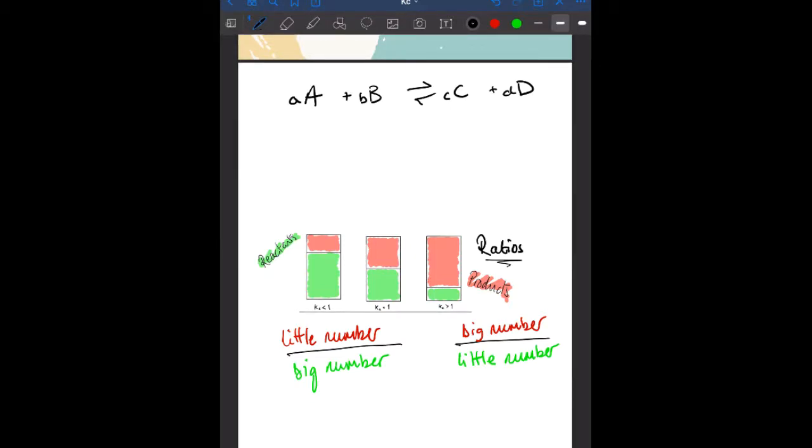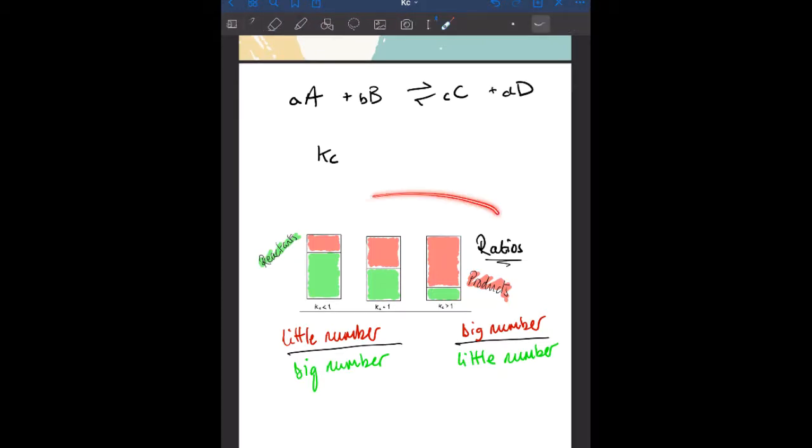And yes, I know those of you that have read the textbook, well, that looks awfully familiar, Mr. Jenkins. It does, yes, you're right, but it's a nice way of generalizing it to make it easy to access to start off with. So KC is the ratio between the products and the reactants, and that's it. That's what this little infographic down here is all about. So let's have a look at it.